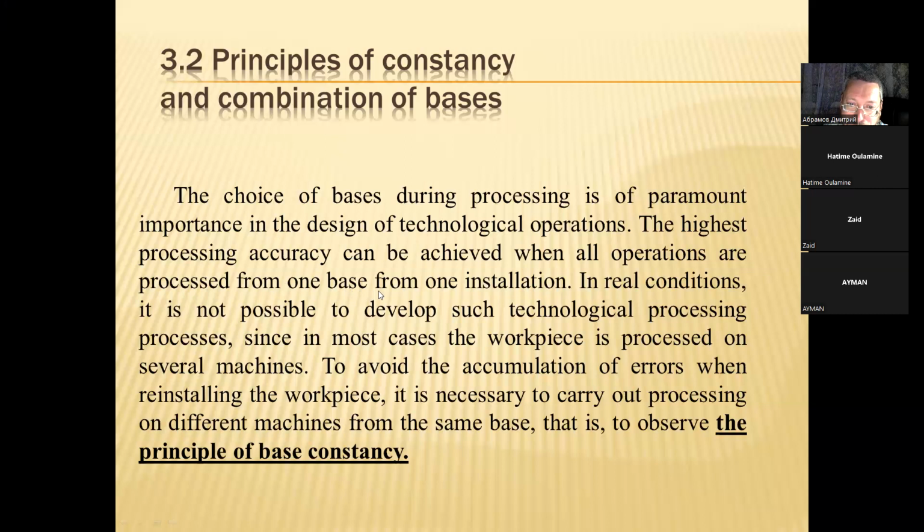In real conditions, it is not possible to develop such technological processes, since in most cases, the workpiece is processed on several machines.